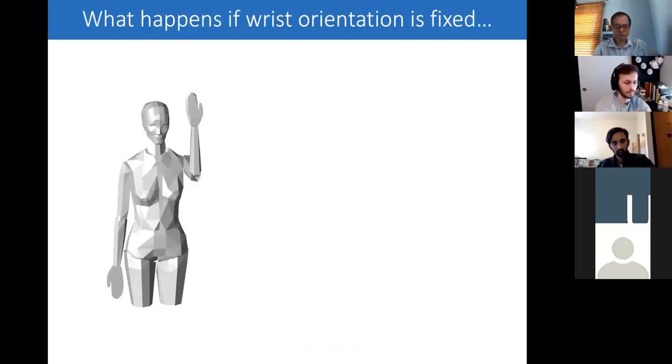Okay. So here is the key observation that this paper makes. This paper says, imagine your arm is in some posture, and from that you know the orientation of your wrist, the orientation of the smartwatch, of the IMU. If you know the orientation, then the possible postures of your arm are very few. Let me say that again.